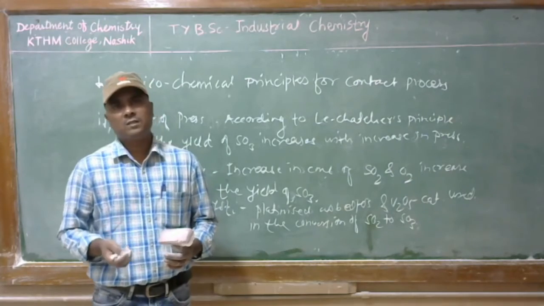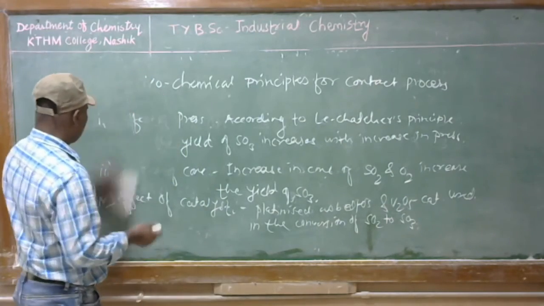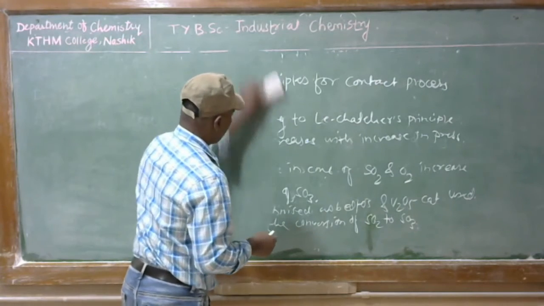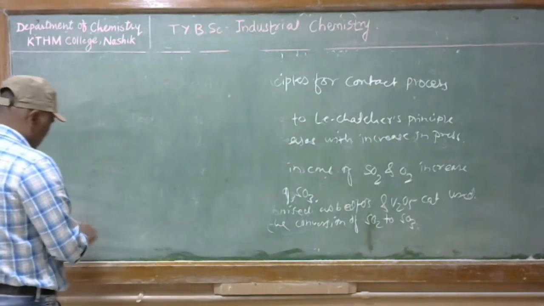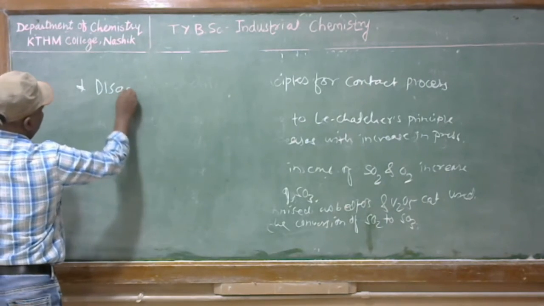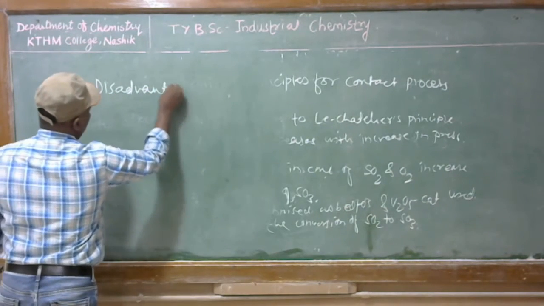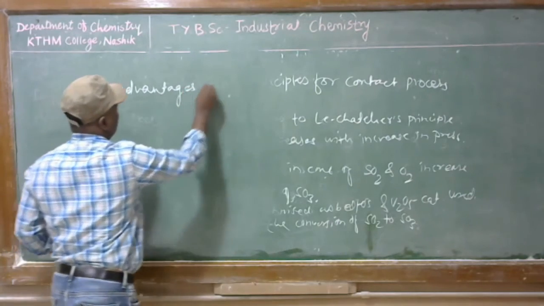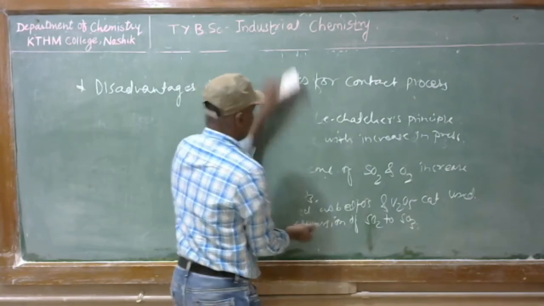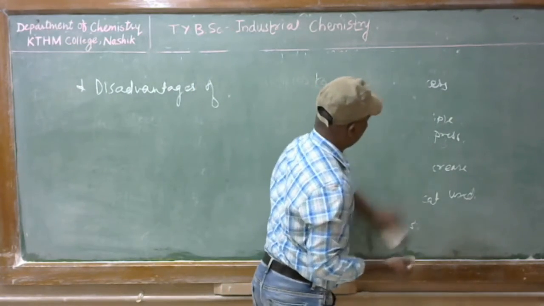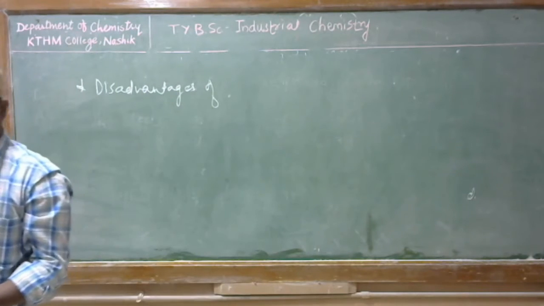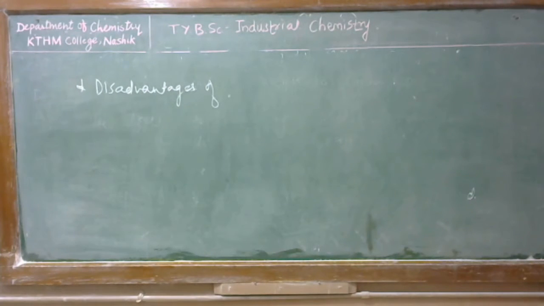So basically we will see the disadvantages of the platinized asbestos catalyst.